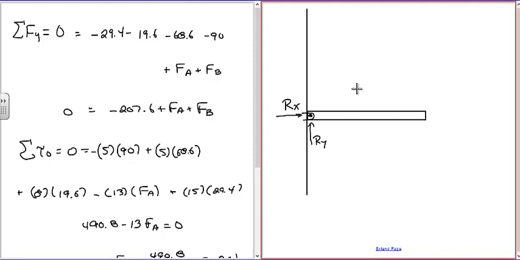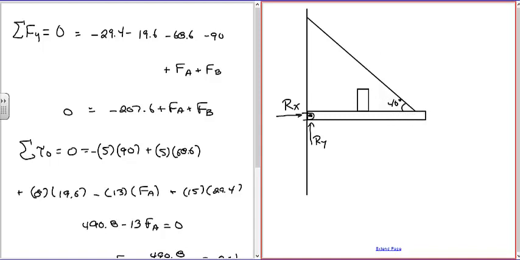So I'm going to put it right here, so just like before, except instead of keeping this thing from collapsing, instead of putting a support underneath, what I'm going to do is I'm going to attach a wire right here, and I'm going to then take that wire and attach it to the wall, and this is going to have some angle, say 40 degrees with respect to the horizontal.